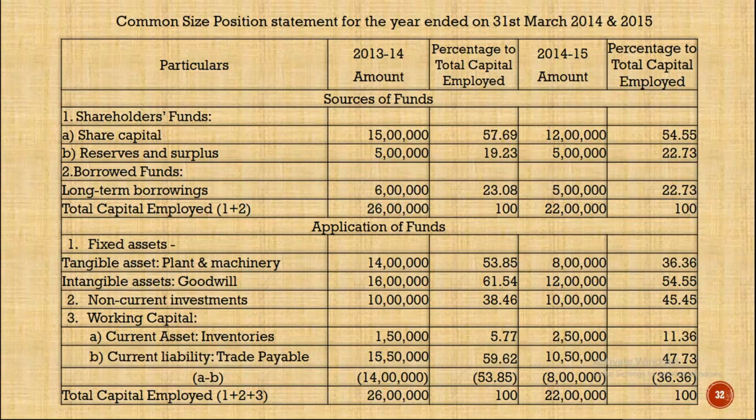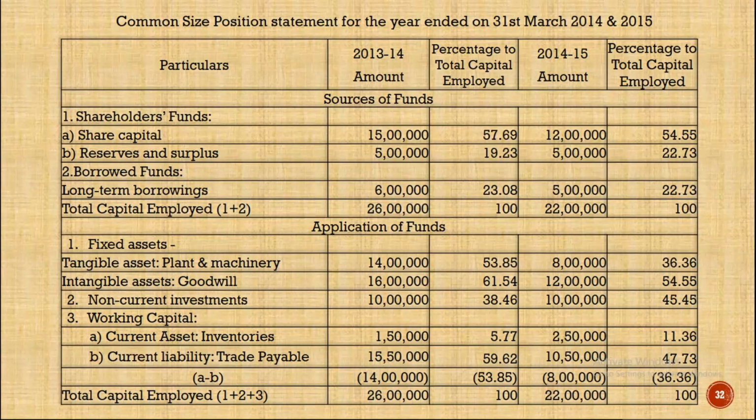The formula we will apply here, keeping in mind that the base item is total capital employed, is line item amount divided by the base amount into 100. That means 15 lakh divided by 26 lakh into 100 will give you 57.69%.